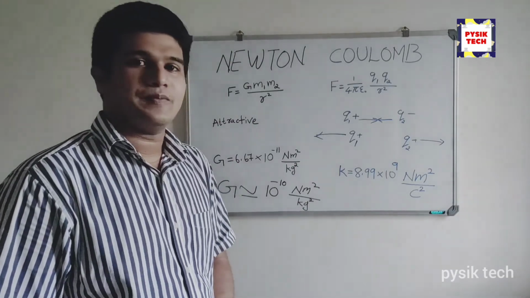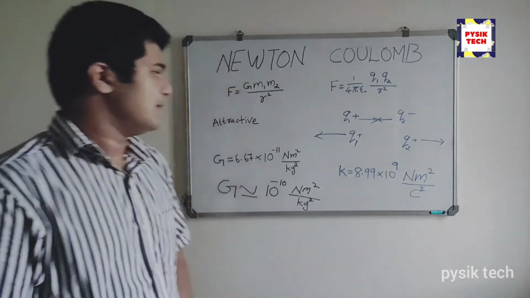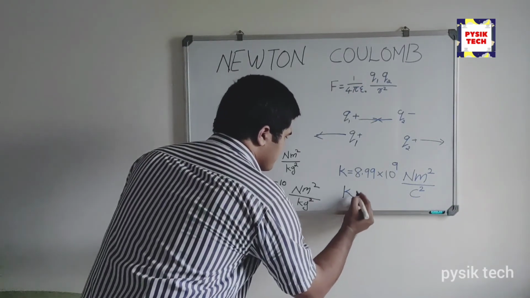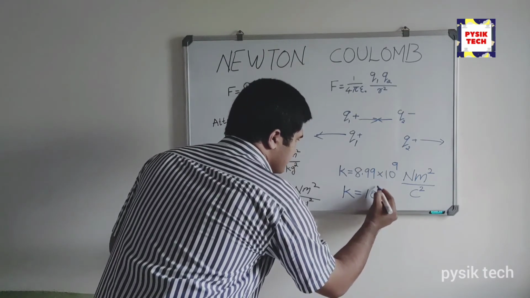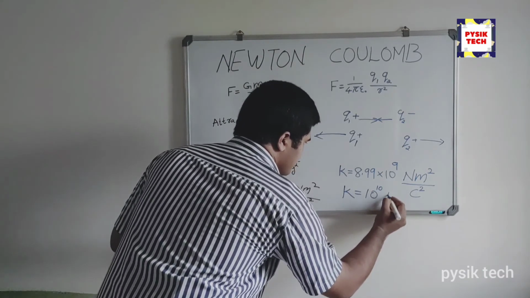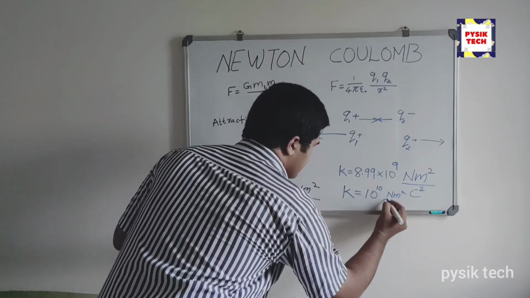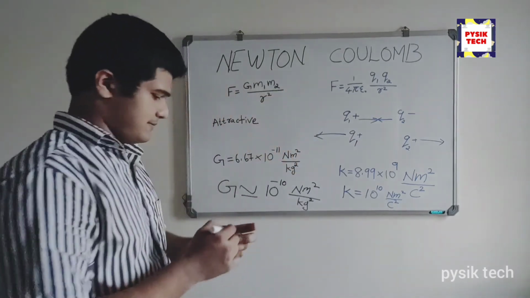Similarly, the value of Coulomb's constant K is equal to 10 power 10 Newton meter square per Coulomb square.